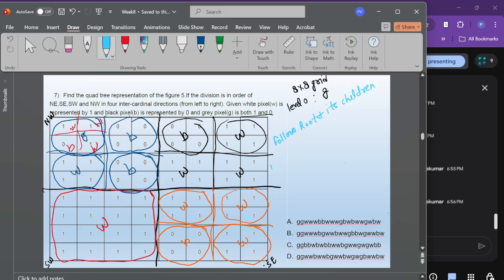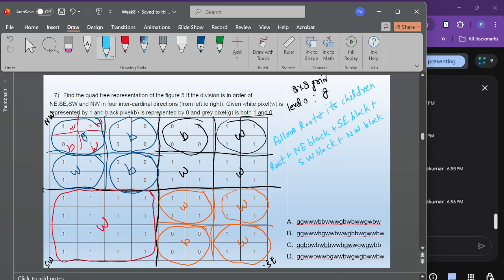So first we will take root, then plus the NW block because it is in the same direction we need to check, then the SE block, then the SW block, plus the NE block, right?